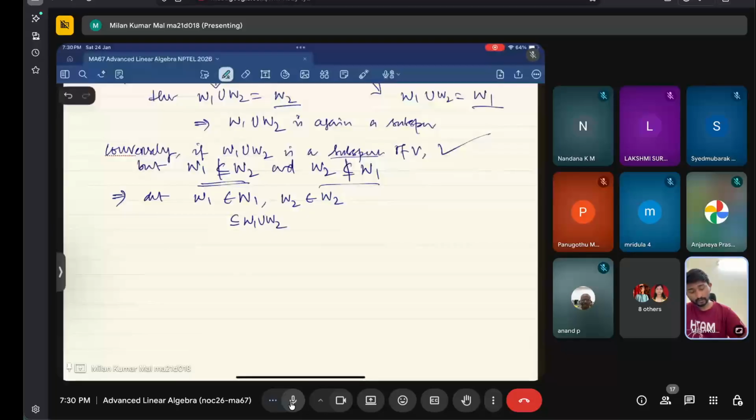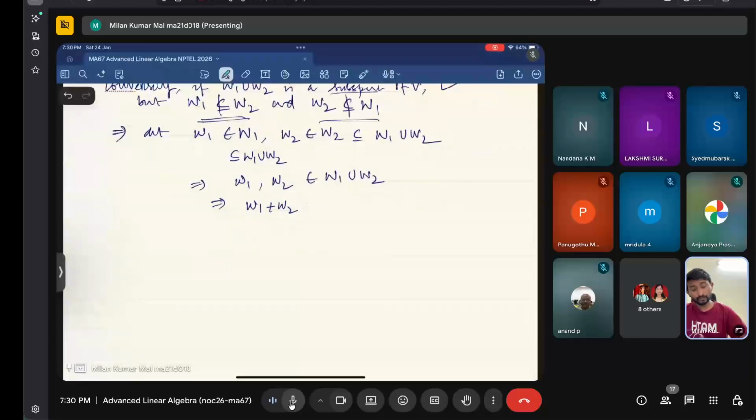So w1 plus w2 is in W1 union W2, because the vector space operation does not affect this.